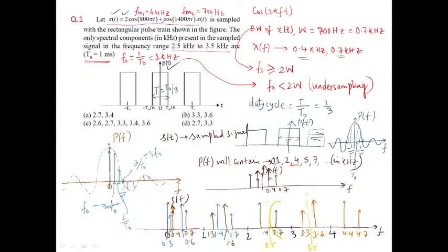The frequency components present between 2.5 and 3.5 kilohertz are only two. One is at 2.7 kilohertz, the other one is at 3.3 kilohertz. So option D is correct.